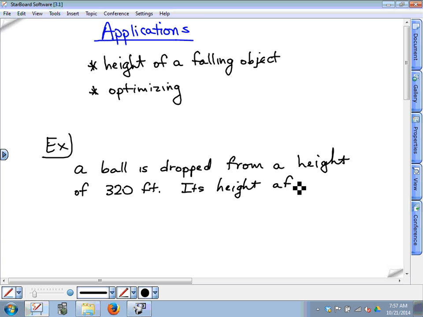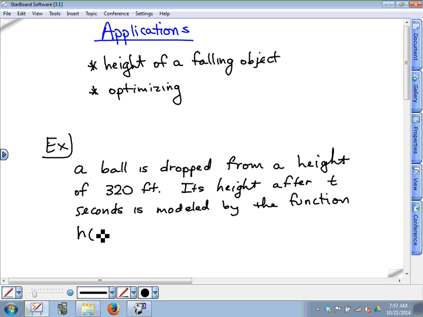Its height after t seconds is modeled by the function h of t equals negative 16.